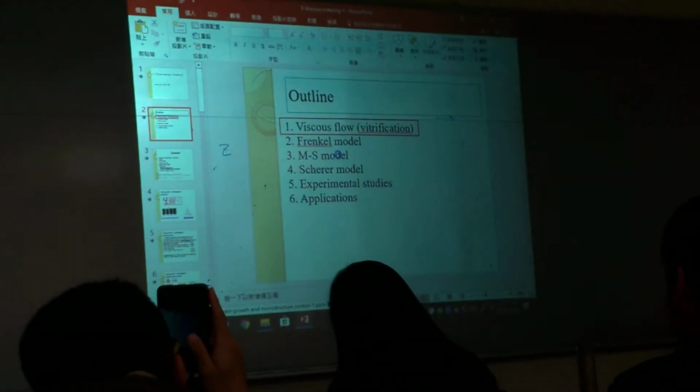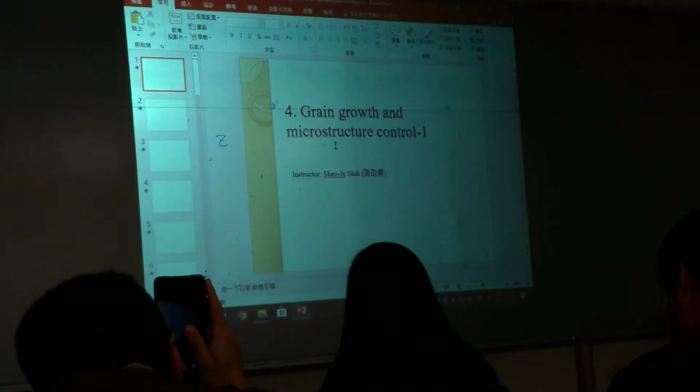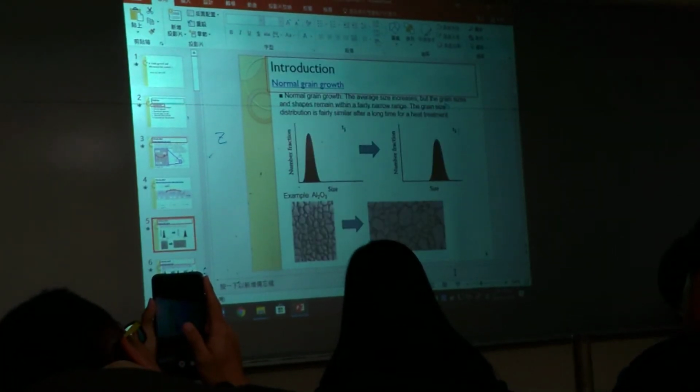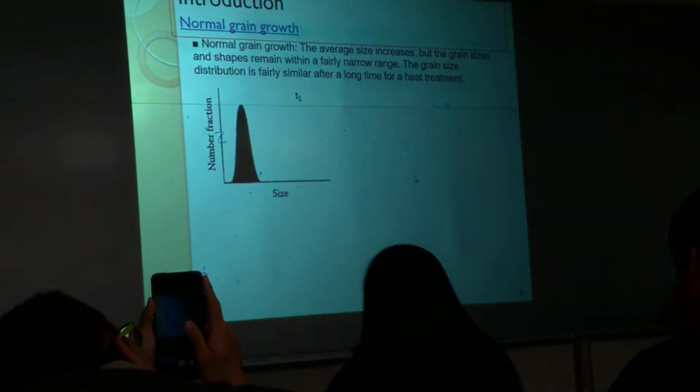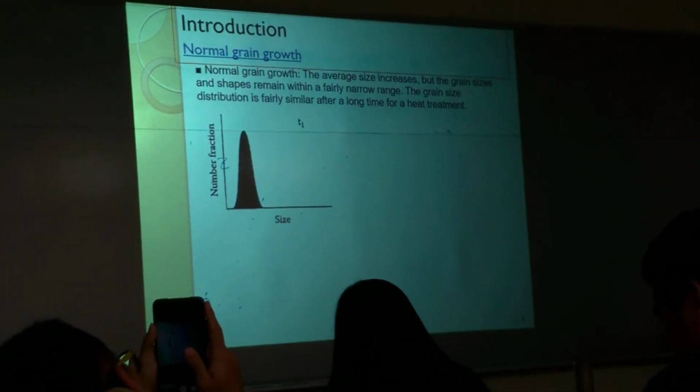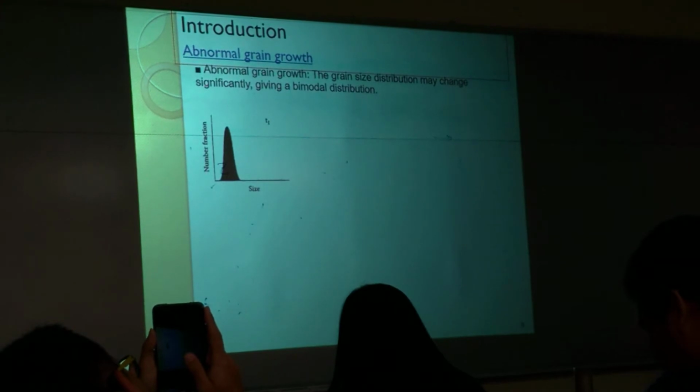Then another one is about grain growth and microstructure control. The most important thing is you need to describe normal grain growth and abnormal grain growth.